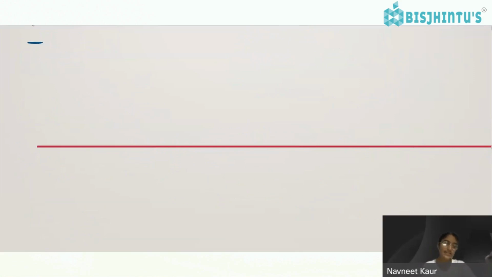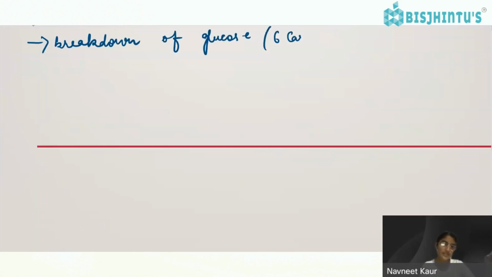So in all the cases, the very first step is breakdown of glucose. Glucose, this is a 6 carbon compound, into a 3 carbon compound. यहाँ पर हम ब्रैकेट में नहीं लिखेंगे, we'll write it in simpler form.